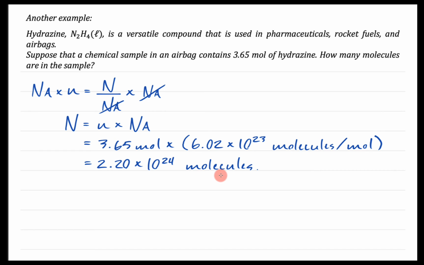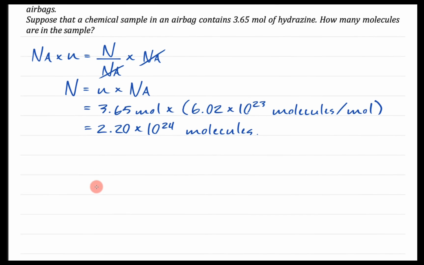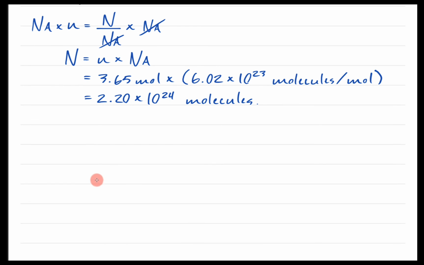So in this example, we're not actually solving for the number of moles. So we're not solving for this lowercase n. We're instead solving for the number of particles, which in this case are molecules. So we're solving for the number of molecules, capital N. And so in the first step, I'm just solving for capital N. And to just be clear about what I'm doing, maybe I'll rewrite it at the bottom here.